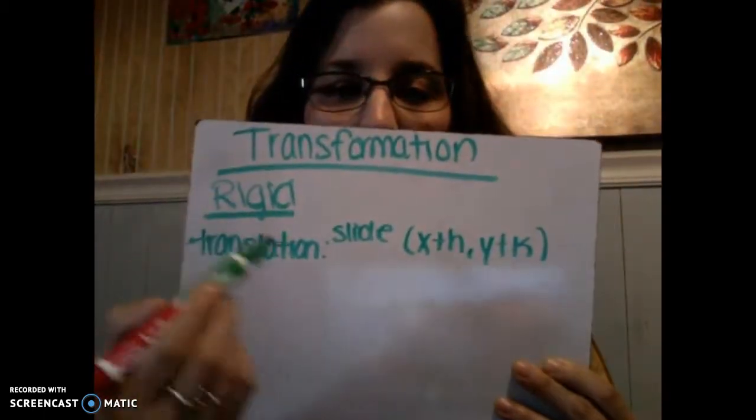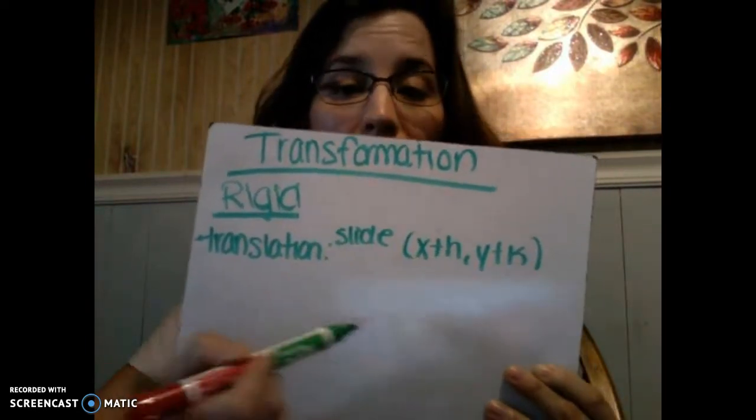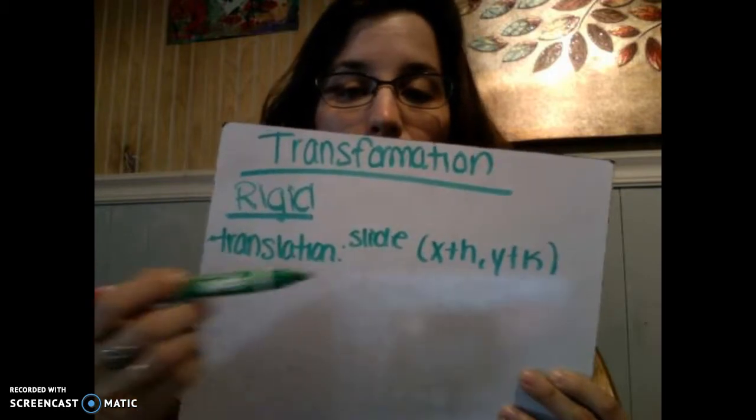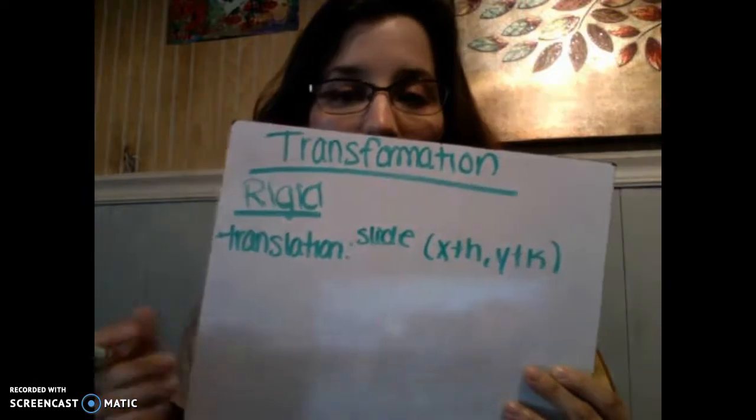So translation, we write it in the form of the whole (x + h, y + k), this right here. And what we're looking at, this plus h is how I'm moving on the graph, right or left. The plus k then tells me how I'm moving on the graph, up or down.